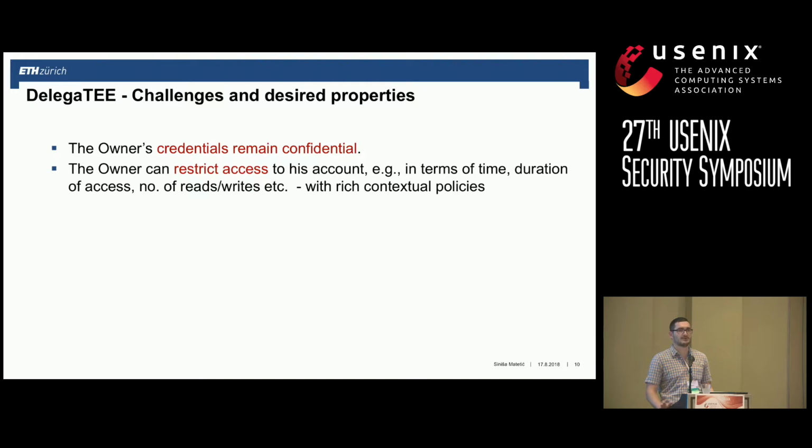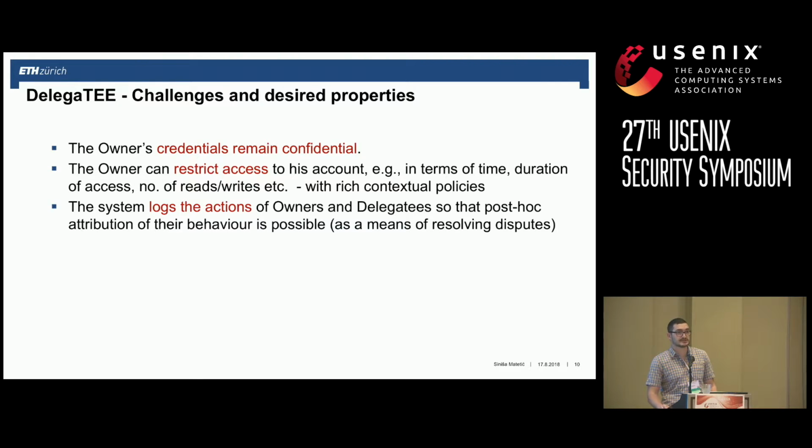So it should be some kind of rich contextual policy that includes terms of usage time, duration, reads, writes, really depends on the service that we're talking about. The system should also be able to log different activities and actions done by the delegatee, as a means of resolving disputes if the delegatee does some harm using an owner's account.